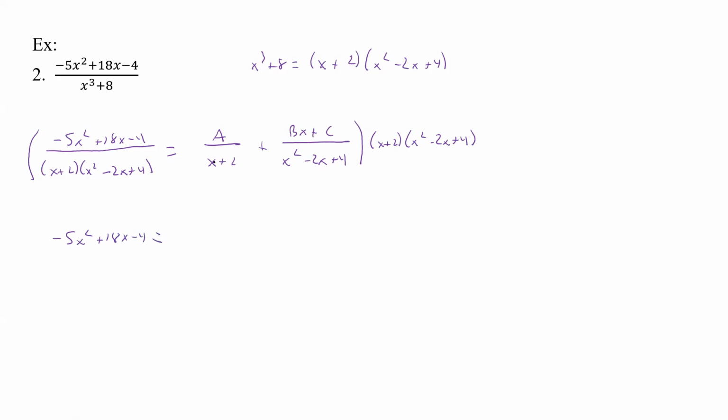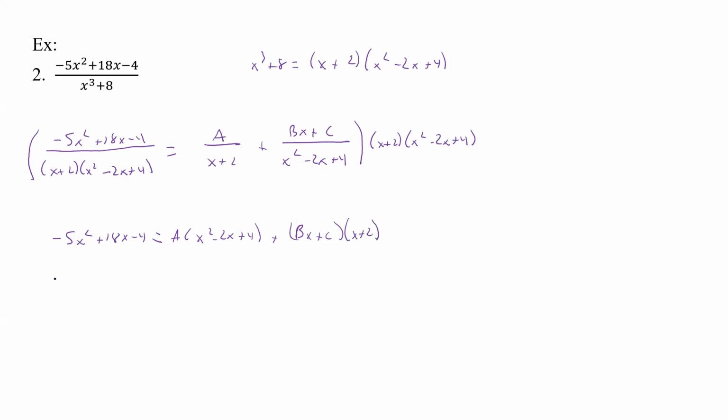equals. Now here the x plus 2 cancel, and we get a times x squared minus 2x plus 4 plus, now we have bx plus c times, well, those cancel and we have x plus 2.